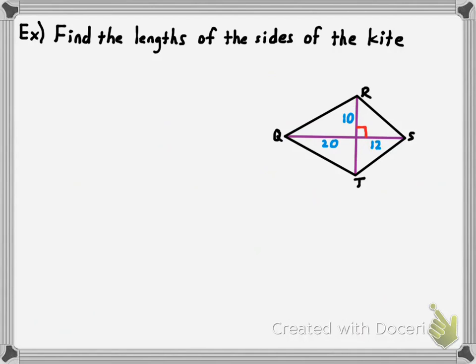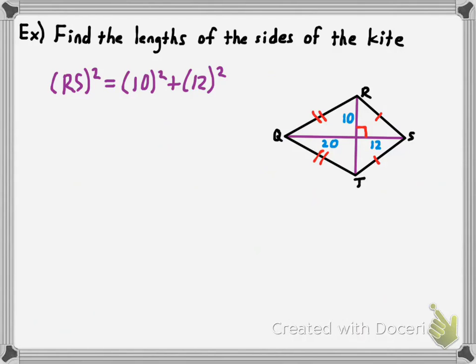So, also, you can tell because of the symmetry that RS is going to be congruent to ST, and that QR is going to be congruent to QT, right? So really, we're going to find RS using this triangle, and then we can find QR using the triangle with the intersection of the diagonals, and then we'll know the length of all the sides. Let's go ahead and find the length of RS first.